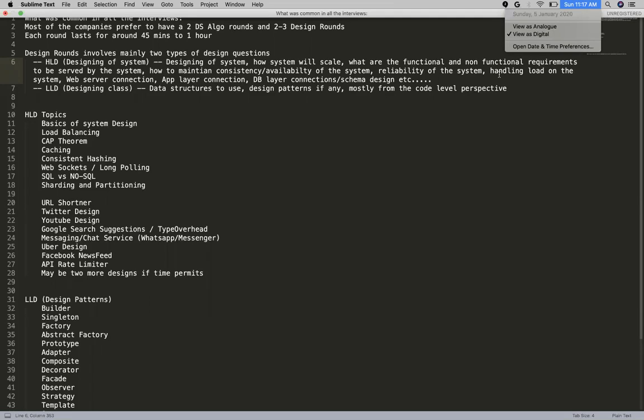Then there will be discussions about many other design problems. Once you know the basics, and once you have gone through 1 or 2 design systems, it should be simple, and you should be able to come up with a design for other problems as well. So by mid-February, we'll be at a stage where you understand all the basic terms and the various observations and considerations you need to make when designing a system.